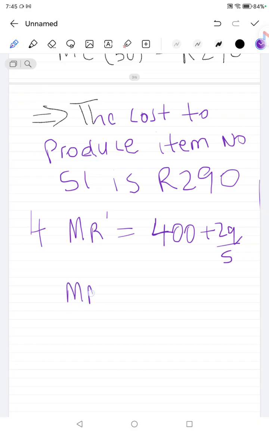Now you have to find the first derivative at 50. What are you getting if you input your 50 there where you see your Q?